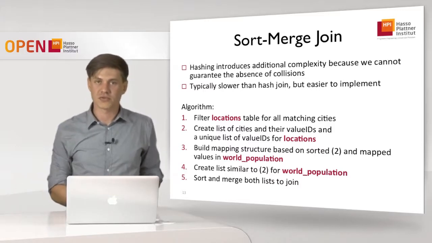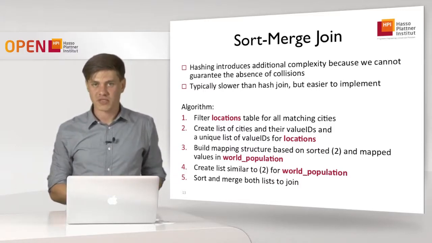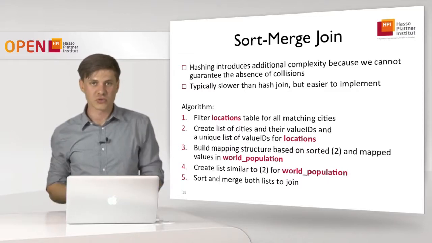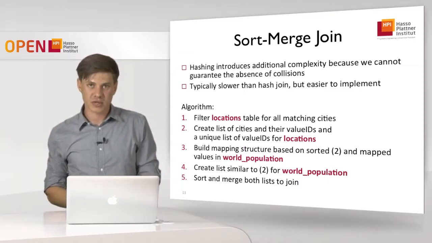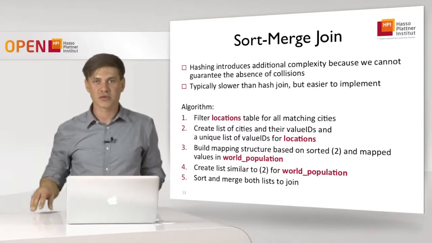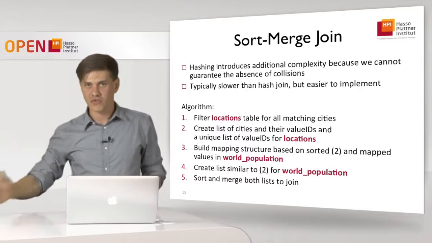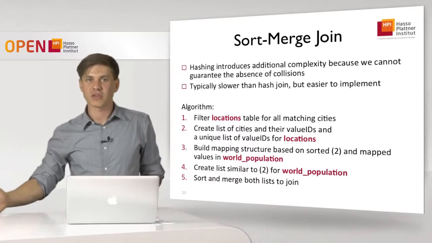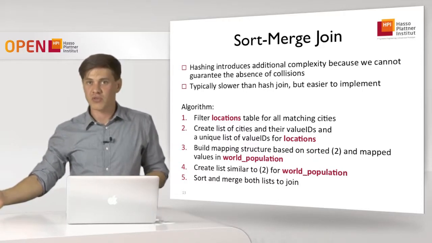Third step, similar to the hash join, is building a mapping structure, mapping the two columns from the different tables. And the fourth step is to create a list similar to step 2 for the other table, followed by the last step, which is basically the merge.